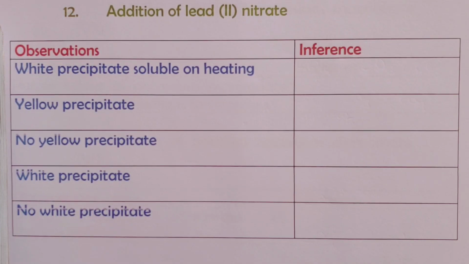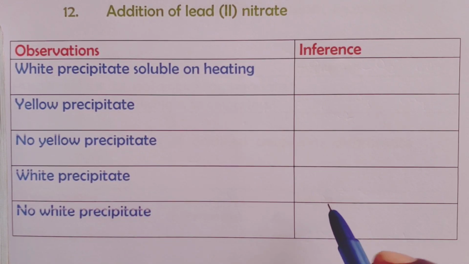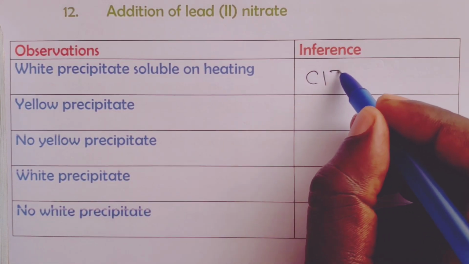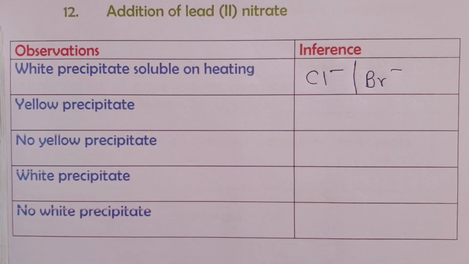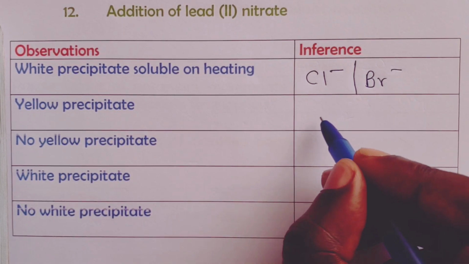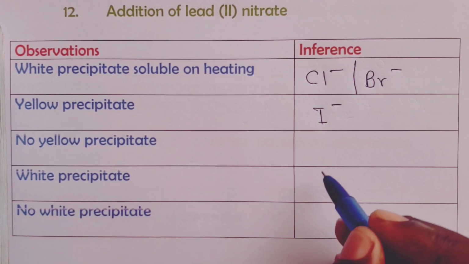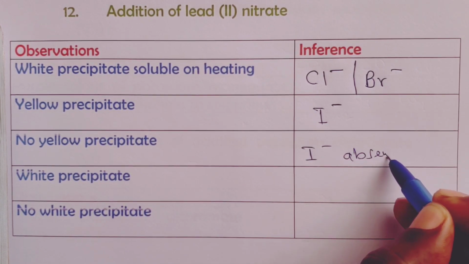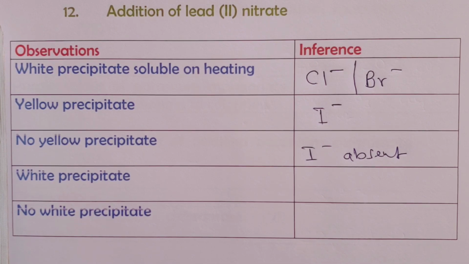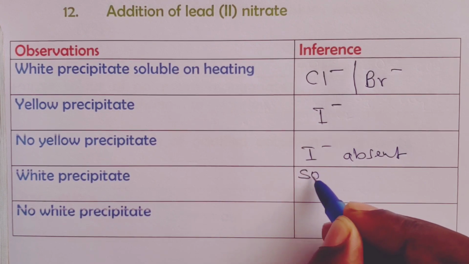So here we have quite a number of expected observations. White precipitate soluble on heating would be presence of chloride ions or bromide ions. When we see yellow precipitate, characteristic of iodide ions, no yellow precipitate would mean that iodide ions are absent. Then, if we see white precipitate, this time round we have quite a number of ions.